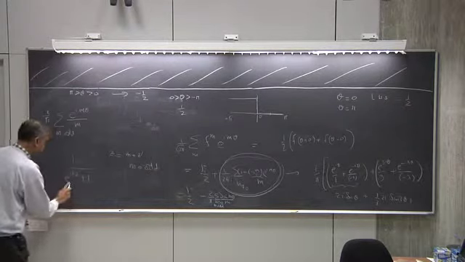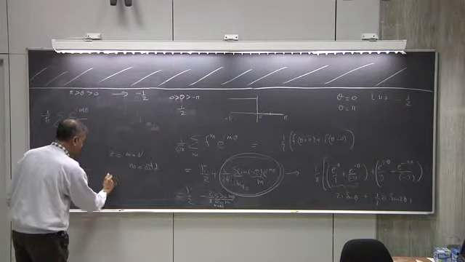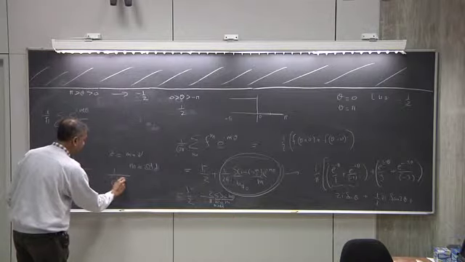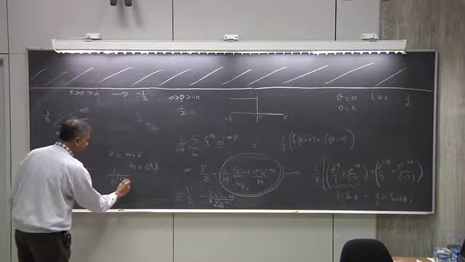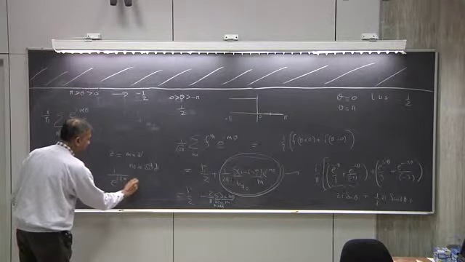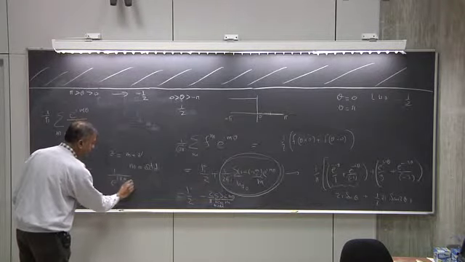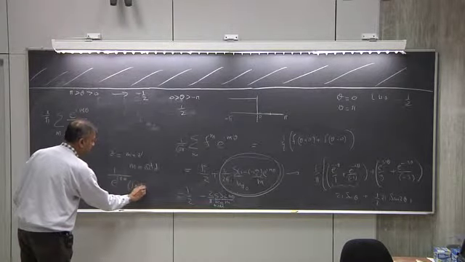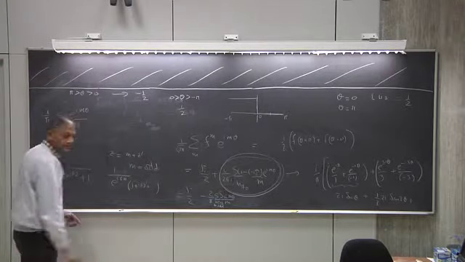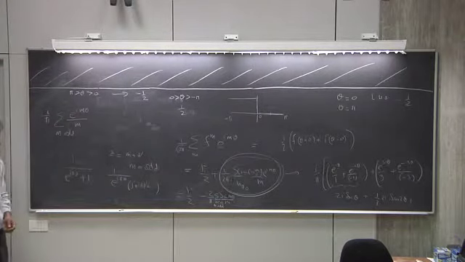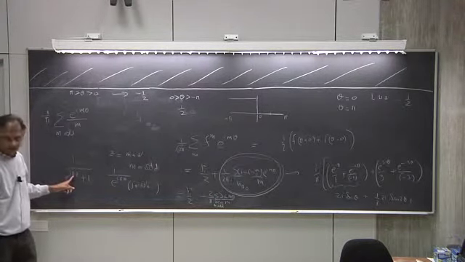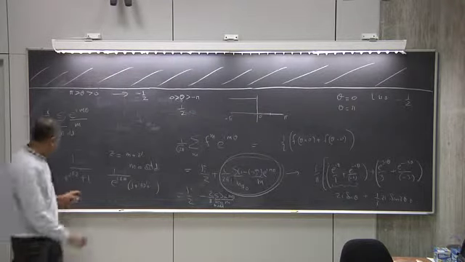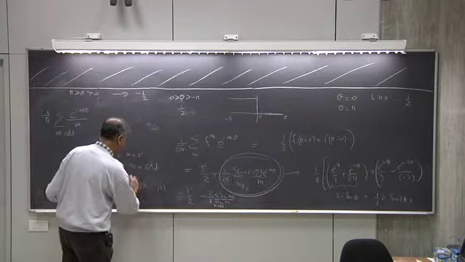In that case, this expression becomes 1 over e to the i pi m times e to the i pi z prime, but z prime is small, so I can expand the exponential: 1 plus i pi z prime and so on. Then I have a plus 1 here.